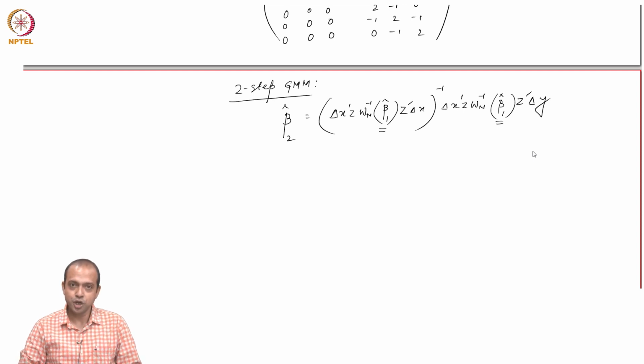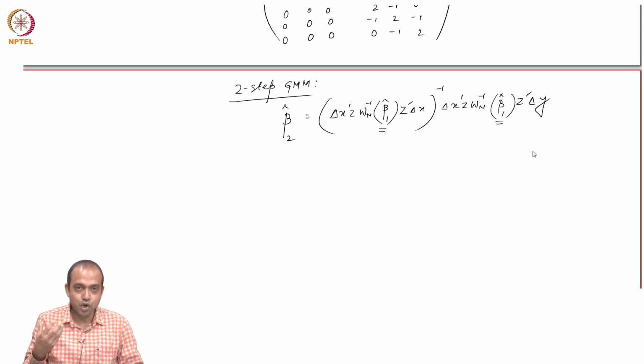That is the problem. To gain consistency, what we are losing is basically efficiency. That means the standard errors are actually downward biased. We are getting a bias in the standard errors of this beta 2 hat.